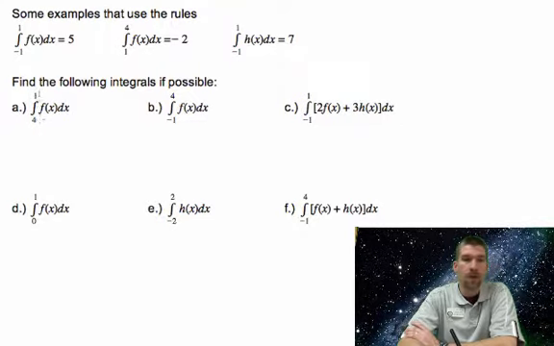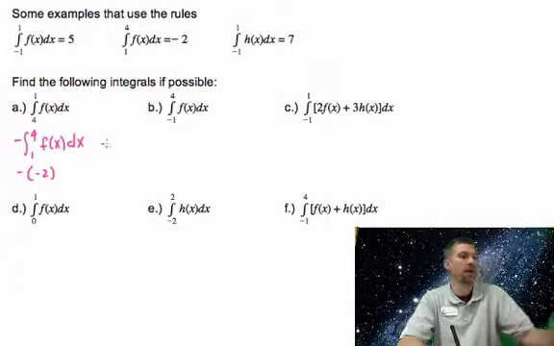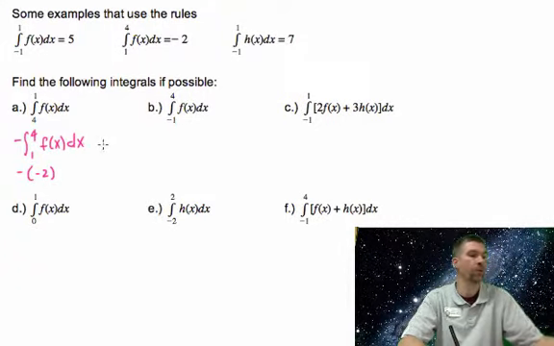One of the rules said that if I take the integral from 1 to 4 and switch the limits around, that would be the same thing as the negative of the integral from 1 to 4. I've got that rule right here. It's negative 2, so it's the same thing as negative 2. That's one of my rules right there. Hold on, let me find my rule sheet also.